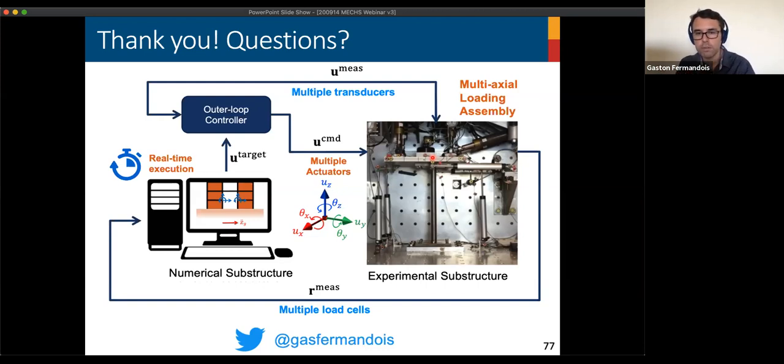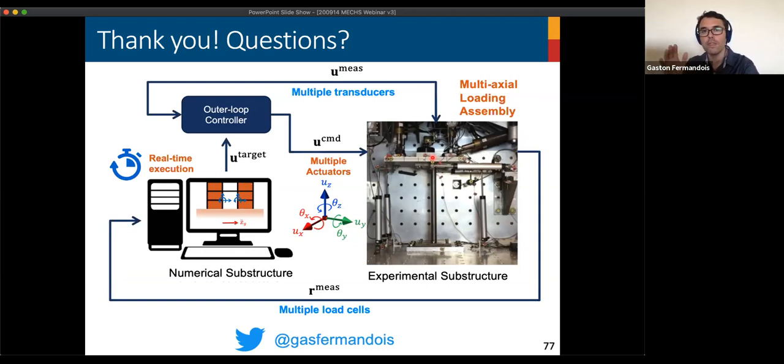So if you go to your lab and you find that you have some equipment that can be used for this purpose, the first question that you need to answer is whether you can arrange those actuators to create a loading assembly that will have some capabilities in terms of displacements and force. Given that, then you need to decide how you're going to orient your actuators such that your kinematics are not too difficult to solve. And those kinematics will have some restrictions and constraints as well, and will not be able to reach all positions in Cartesian space.